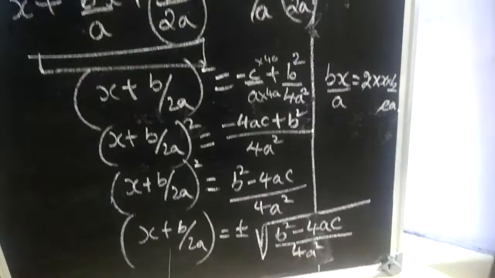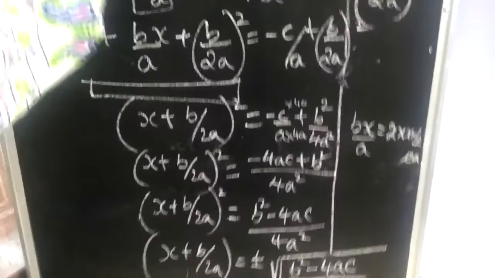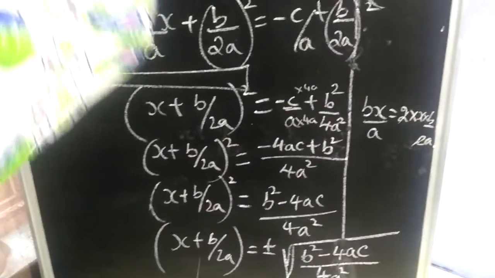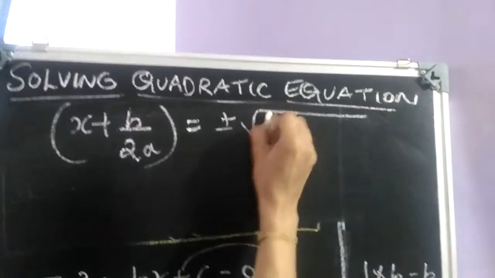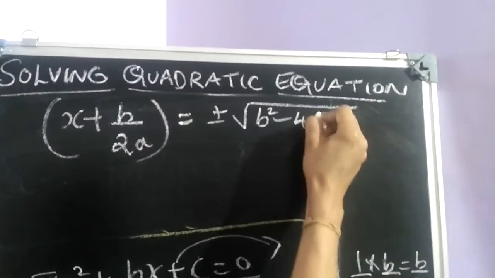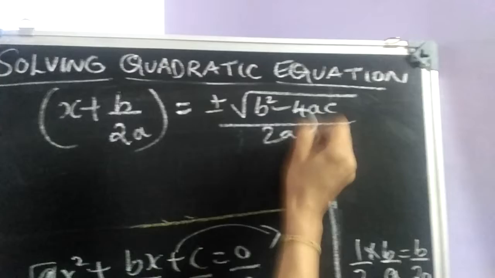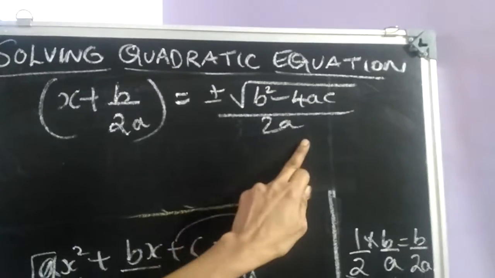So what can I write, children? I can write x plus b by 2a is equal to plus or minus square root of b square minus 4ac by 2a. Why did I write 2a here? Because the square root of 4a square is 2a.